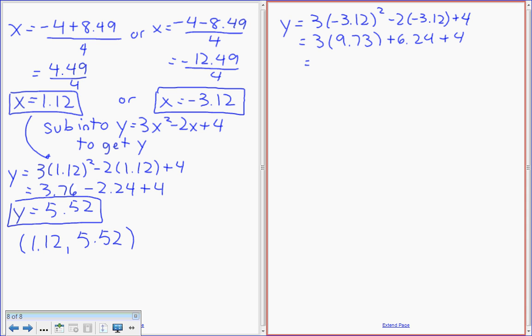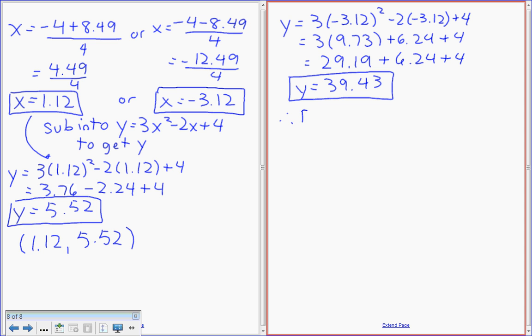And your final answer, Luke, I'll just write it all out for the class. That should be 39.43. So the points are 1.12 and 5.52, sorry, I misspoke earlier, and negative 3.12 and 39.43.